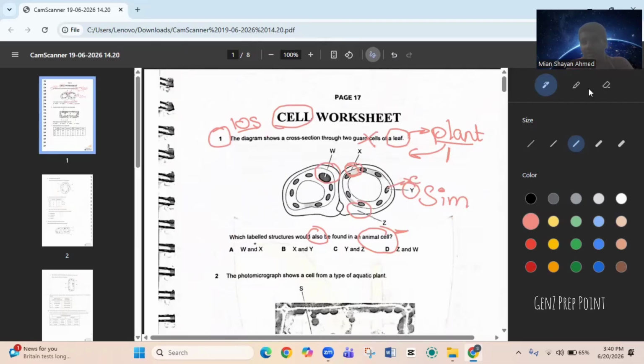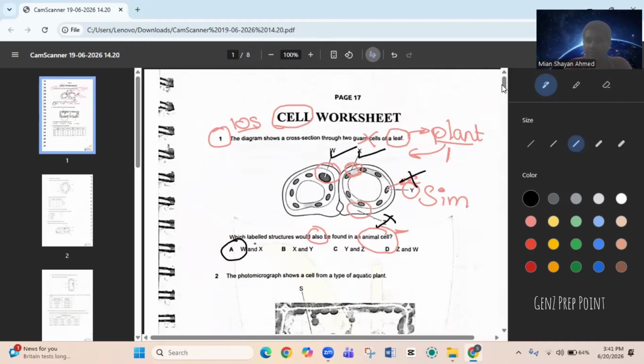Because we don't photosynthesize, we don't create energy, Y will not be the answer. We don't have a cell wall. Is your face like a box? No, not because of the cell wall. There is an absence of cell wall in animal cells, so these two won't be the answers. Nucleus is present in animal cells. Cell membrane is present in animal cells, so A would be the answer.